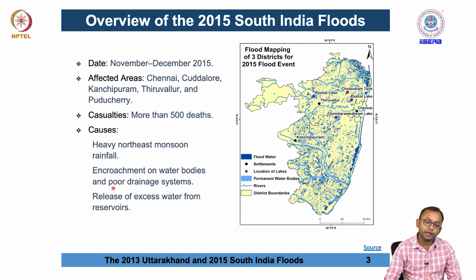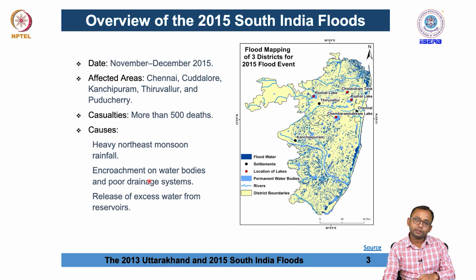There was a poor drainage system, which created long duration water clogged situations in certain regions and that created massive problems. And another reason is that intense rainfall was everywhere in that region.